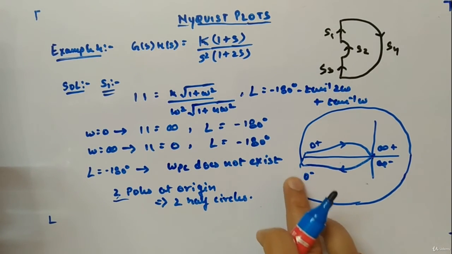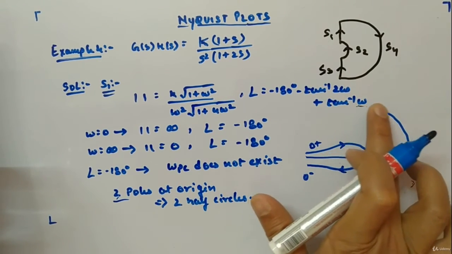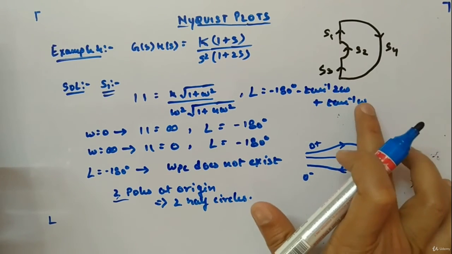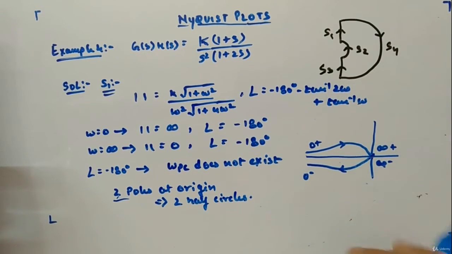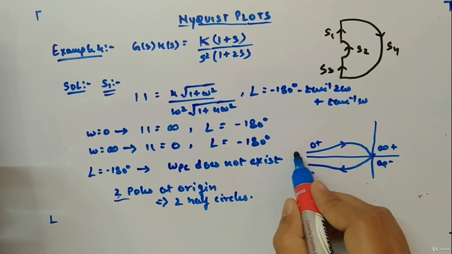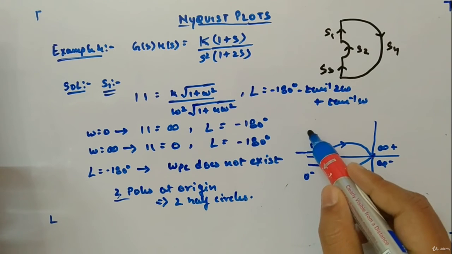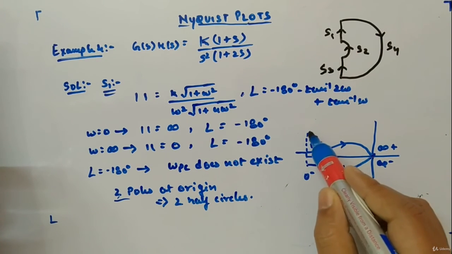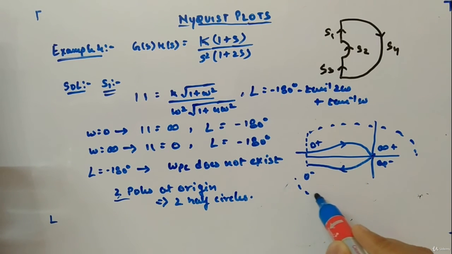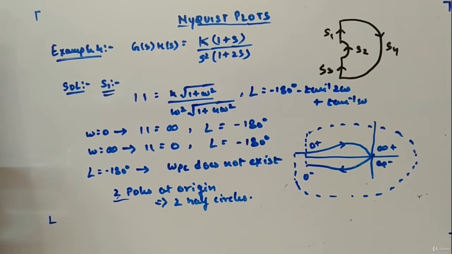You can make it dotted, so I'll make it dotted. One half circle, another half circle, touches here.